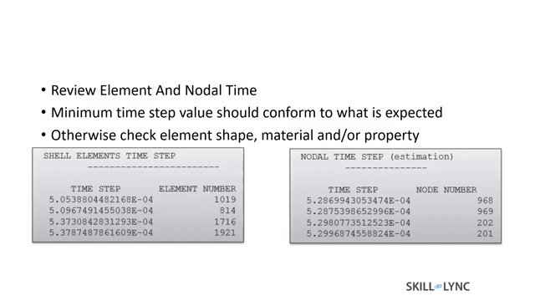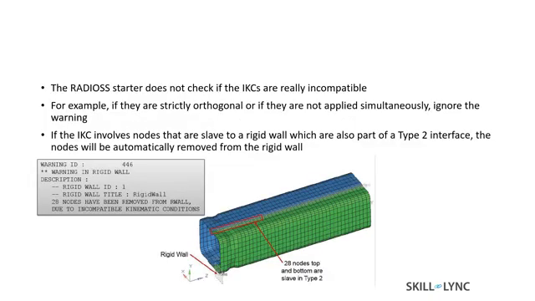Then the starter file is also going to tell you about the minimum time steps. Now in your case, you are free to do the minimum time step analysis, but you will have to use some kind of time step control to take care of this. Then we have discussed this earlier, the incompatible kinematic conditions.